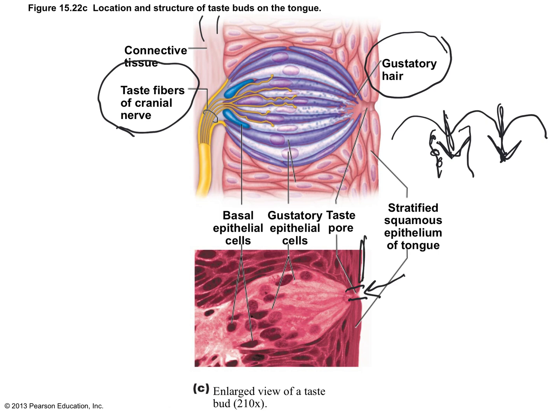So here we have our squamous cells, our stratified or highly organized and stacked epithelial cells, a little hole in them called the taste pore, and then our gustatory, which means taste related, gustatory epithelial cells, so skin type cells, and then our basal epithelial cells.